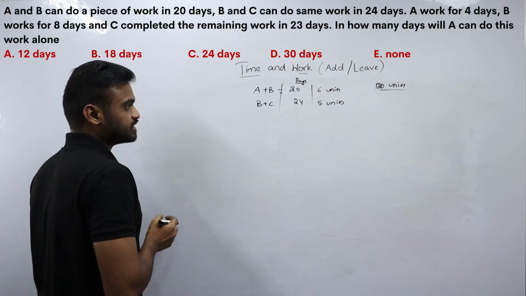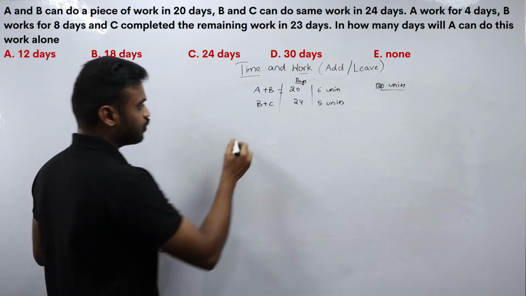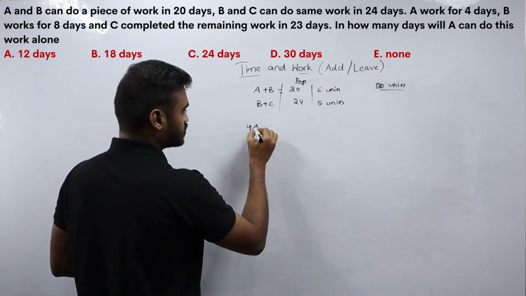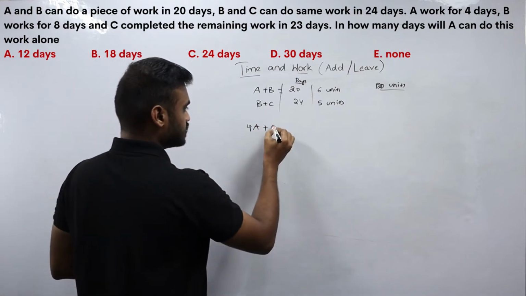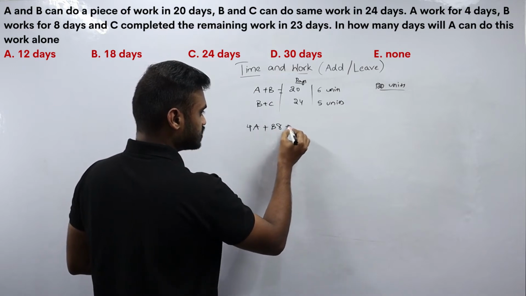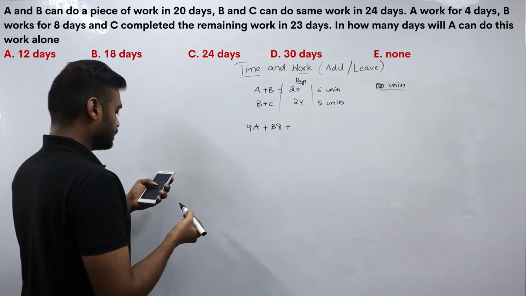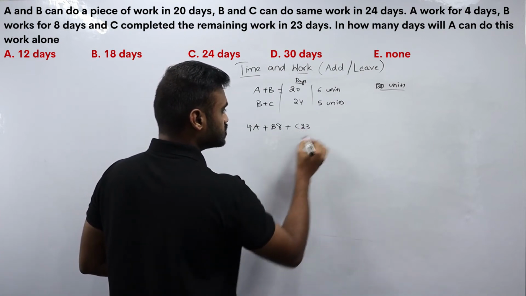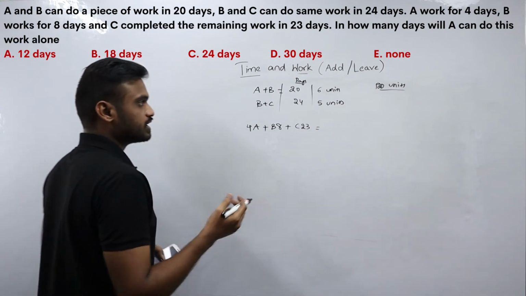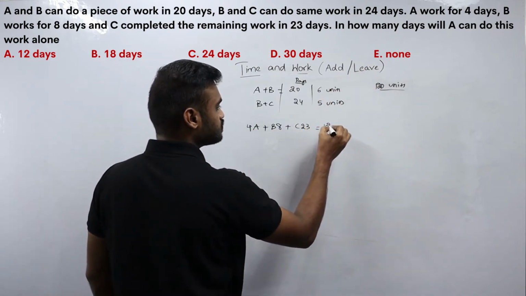Okay, now they are saying that A works for 4 days plus B works for 8 days and C works for 23 days to complete the whole work, that is 120 units of work.